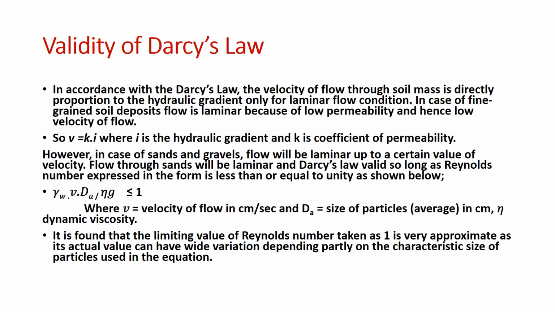So v is equal to ki, where i is the hydraulic gradient and k is the coefficient of permeability. In case of sands and gravels where permeability is high, flow will be laminar up to a certain value of velocity, and this certain value of velocity we find out through the Reynolds number.